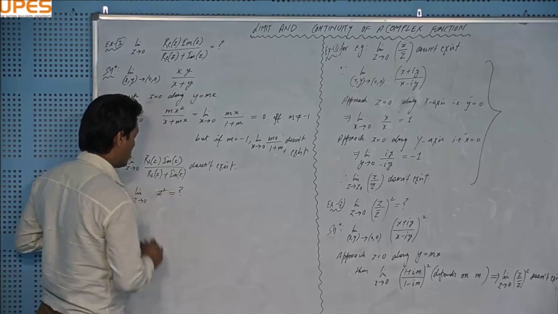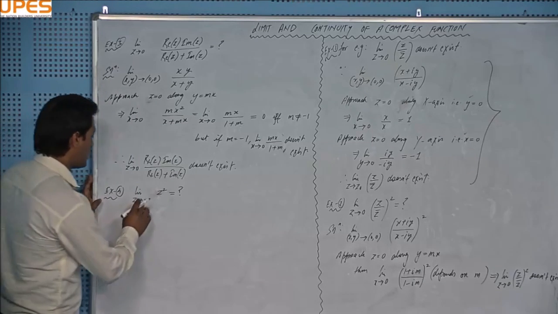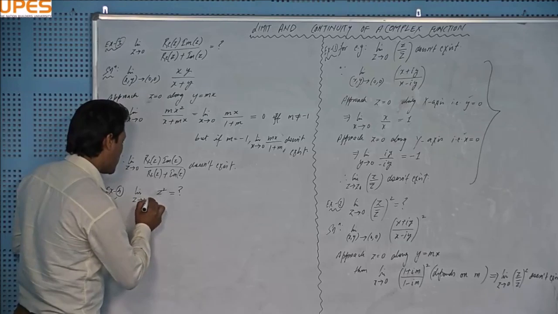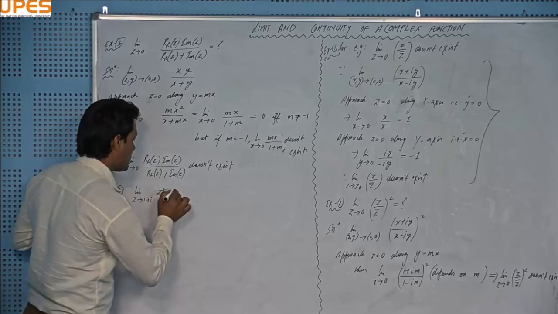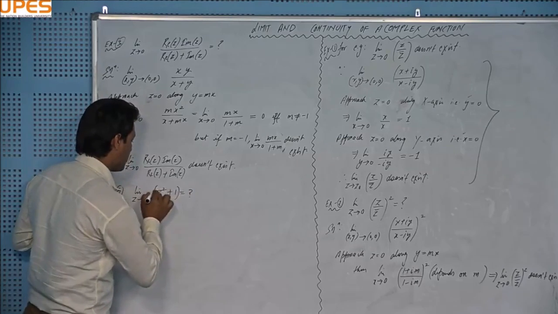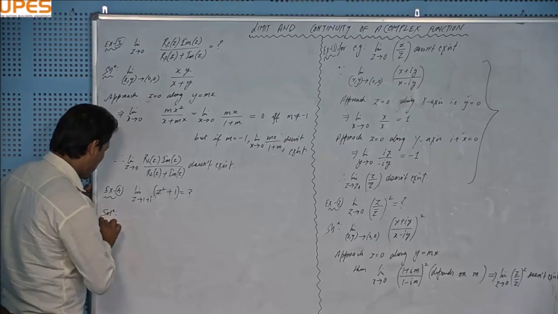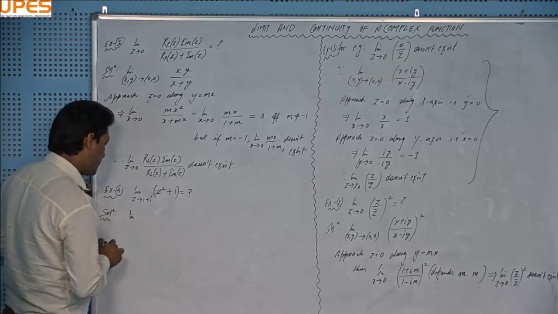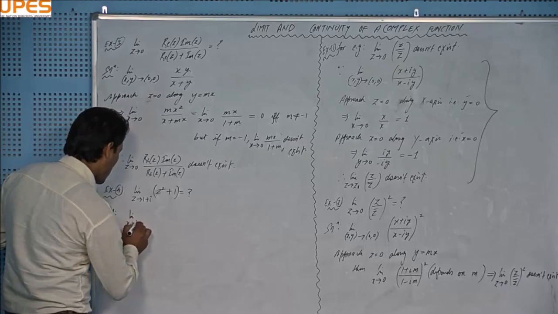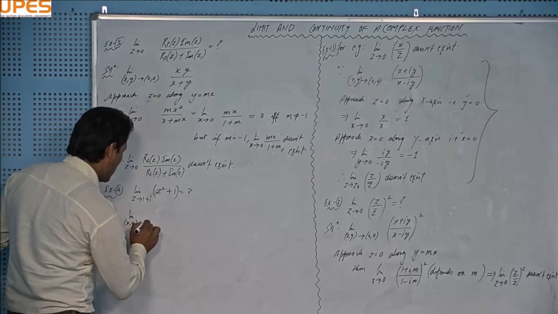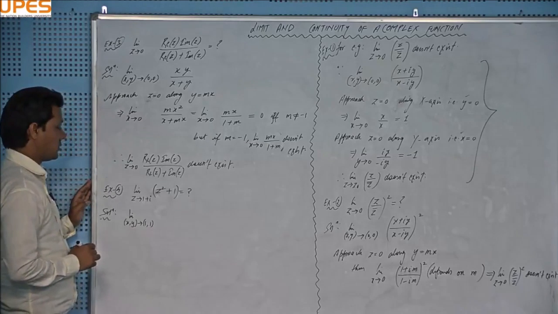Or I should change this. Let me take it 1 plus eta. Fine. Let me extend this: limit of z square plus 1 equal to question mark. Fine. Now, solution. Limit, it means that x comma y tends to 1 comma 1, right?